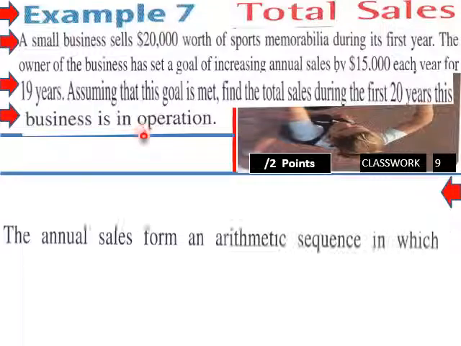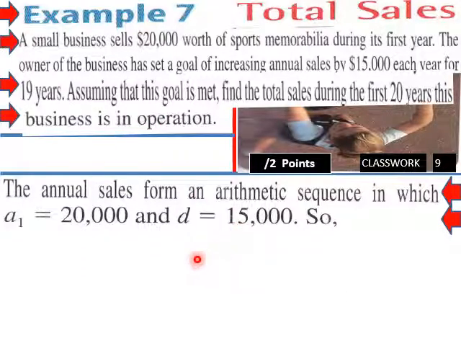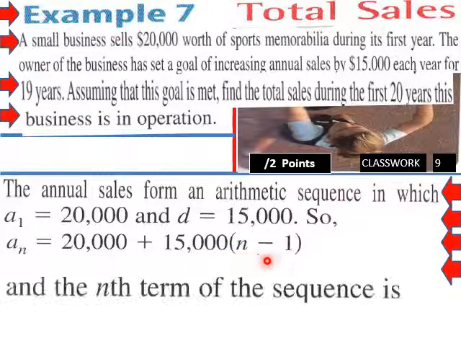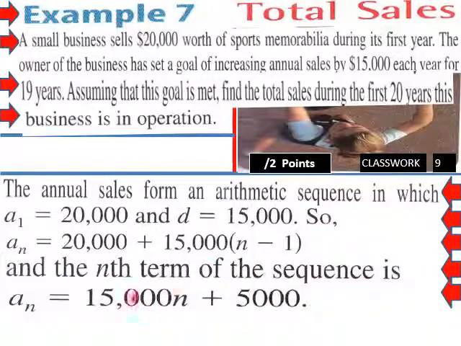The annual sales form an arithmetic sequence in which a1 is 20,000 and d is 15,000. So an will be 20,000 plus 15,000 times n minus 1, and the nth term of the sequence is 15,000n plus 5,000.